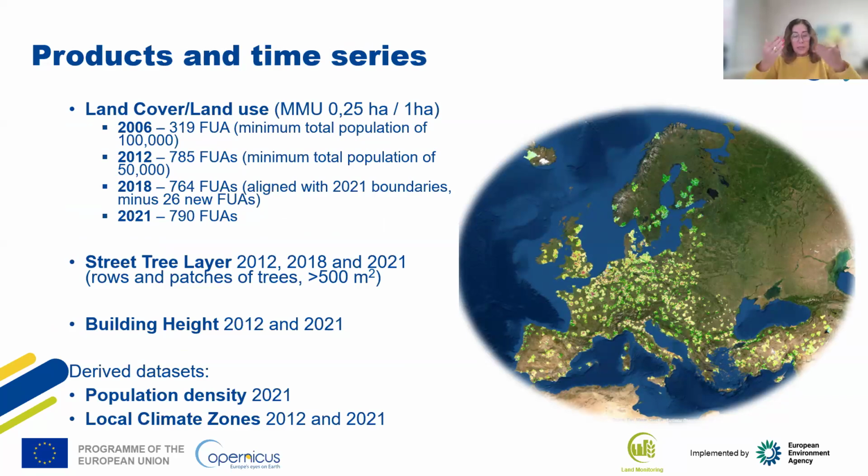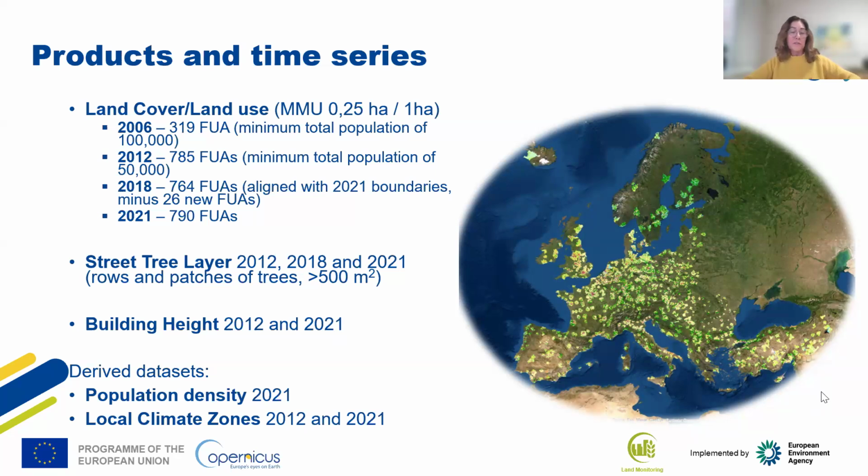So DG Regio sets and implements EU urban and regional policy, while the Urban Atlas provides the spatial evidence base with harmonized, comparable, spatial data across European cities that make those policies more targeted, more comparable, and measurable.